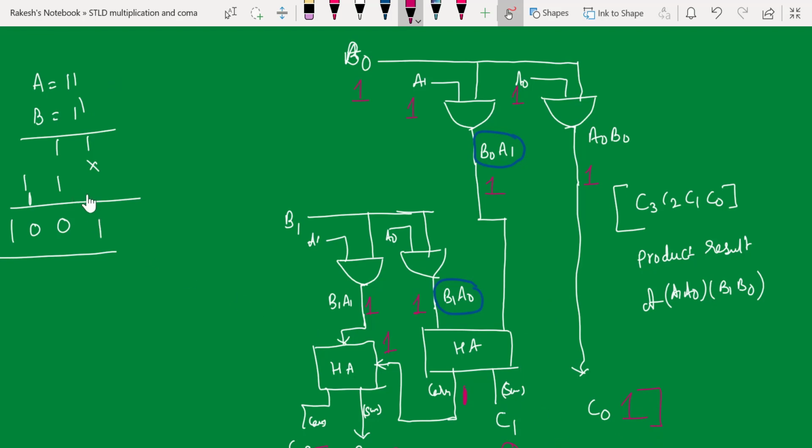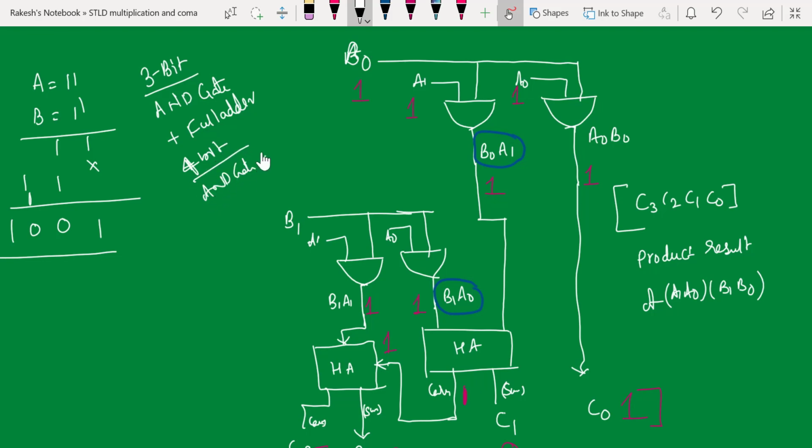So this is how you are going to perform 2-bit multiplication. Suppose if you want 3-bit multiplication, you are supposed to use AND gates, and in addition to AND gates, you are going to use full adders. If you increase to 4-bit, you are going to use AND gates with a 4-bit adder.